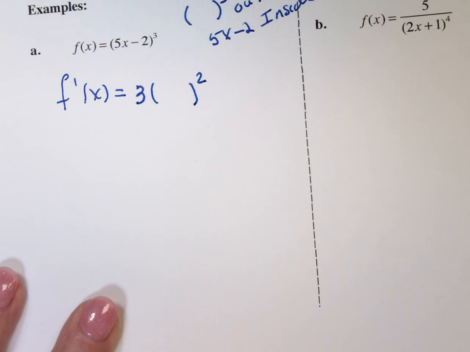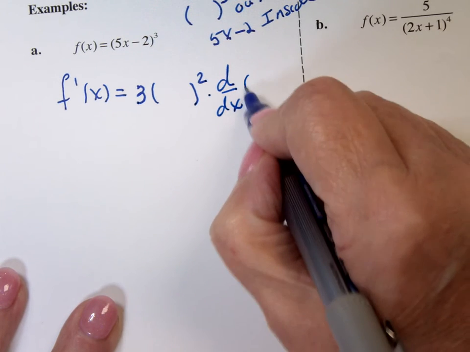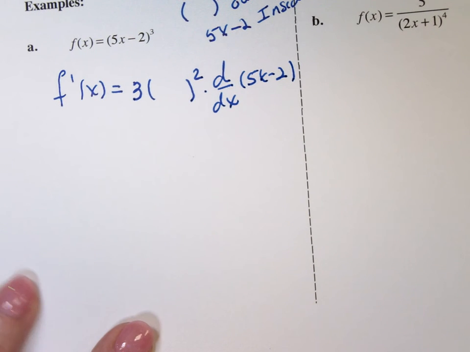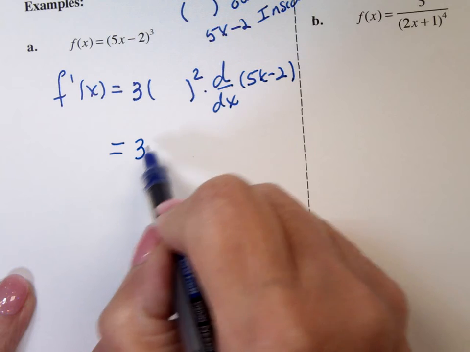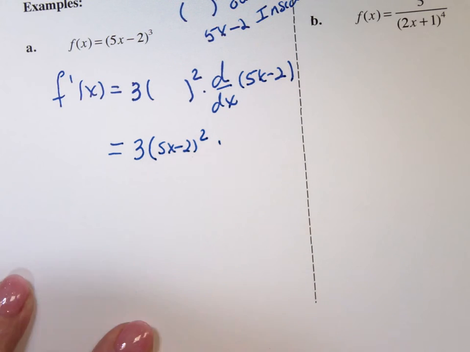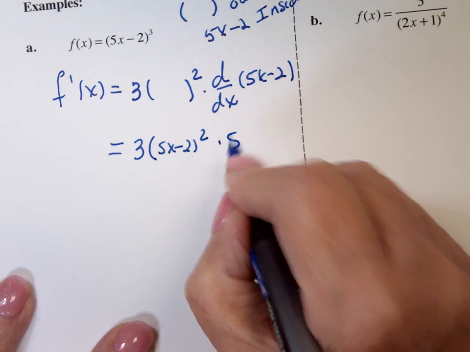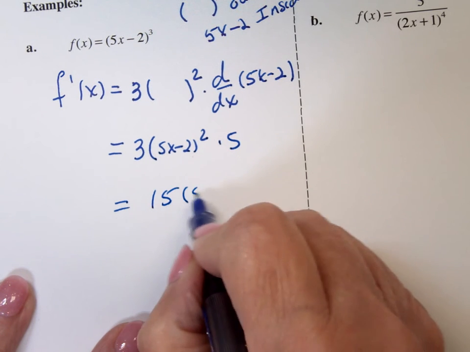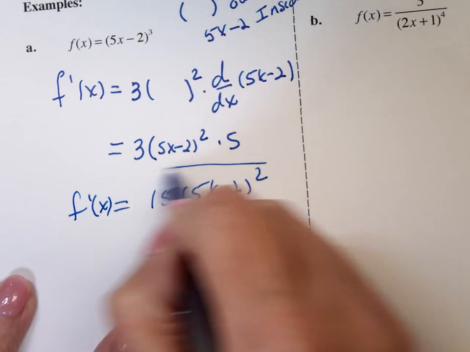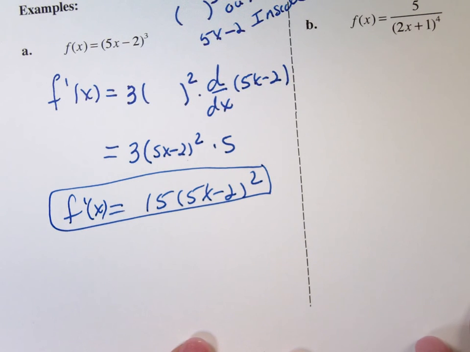It's the derivative of the outside times the derivative of the inside. Well, it's 3 times the inside, 5x minus 2 squared, times, what's the derivative of 5x minus 2? 5. So this is 15 times (5x minus 2) squared, and that's what f prime is. Derivative of the outside times derivative of the inside.